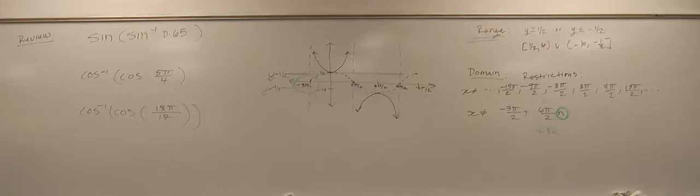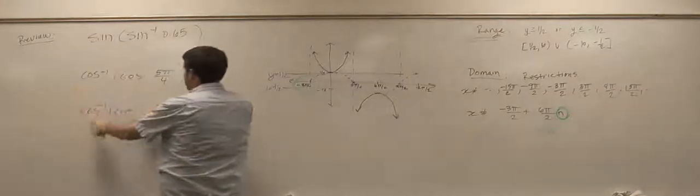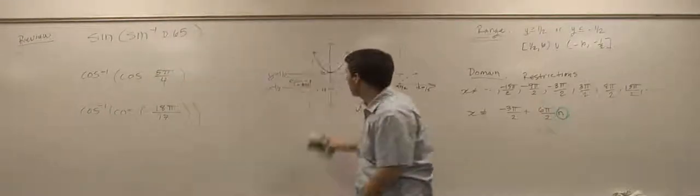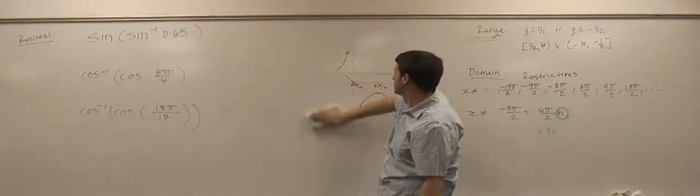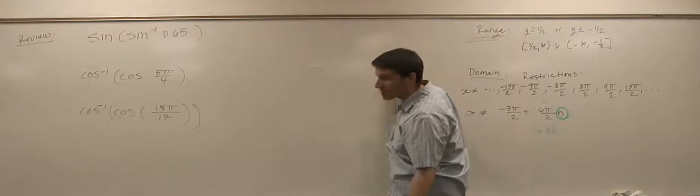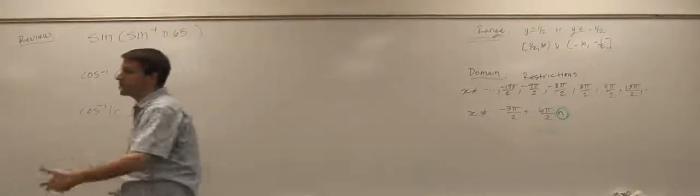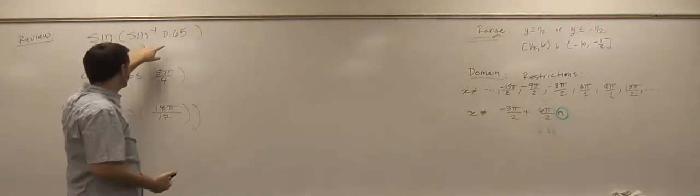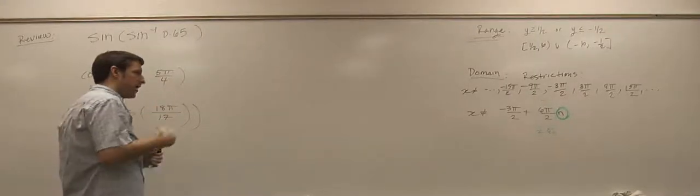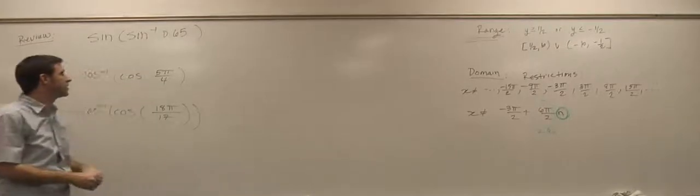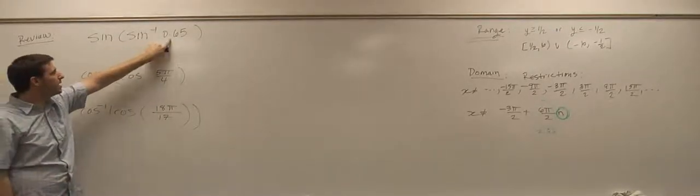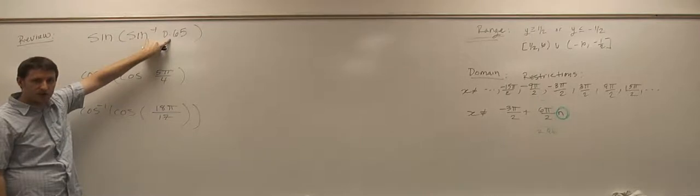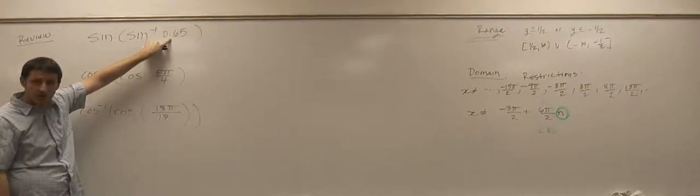So we started talking about what happens if you mix inverse functions with their original function. Do you remember anything about how this worked? They cancel, right? That's the hope. You hope and you pray that they cancel each other out. But it only works if you are within a certain range. So you have to analyze what your input is. Because I'm inputting to sine inverse, does sine inverse eat angles or ratios? Ratios, right?